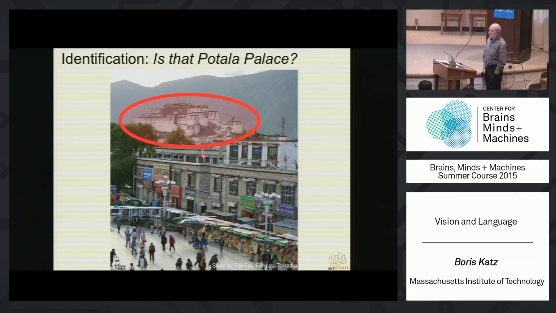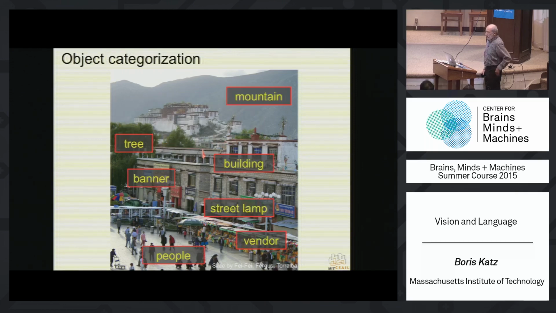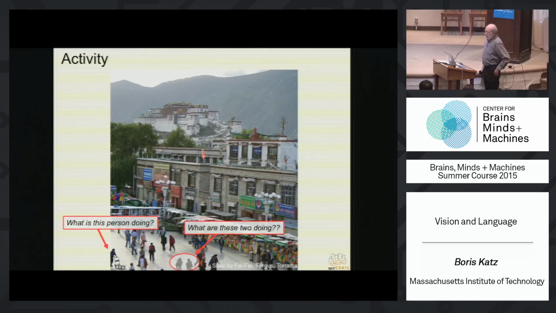Is this particular building the Potala Palace somewhere in Tibet? It needs to do object categorization. Look at this image and tell me where are mountains, trees, buildings, street lamps, vendors, people, and so forth. We should also be able to recognize activity. What is this person doing, or what are these two guys doing here?